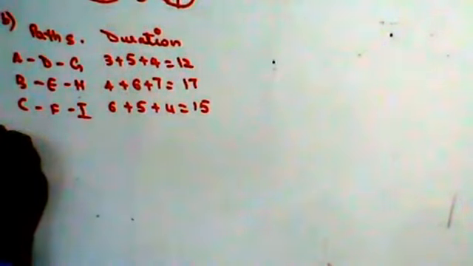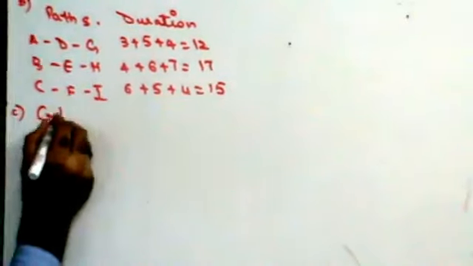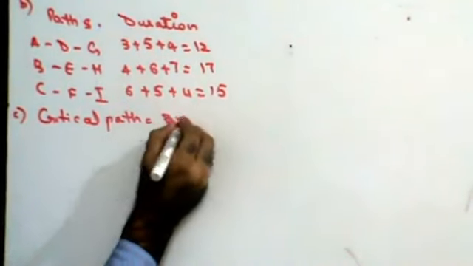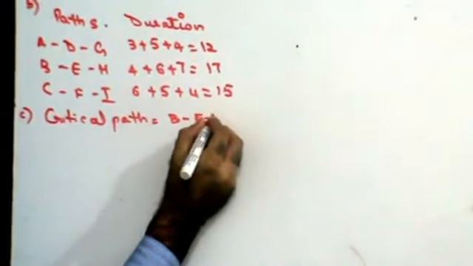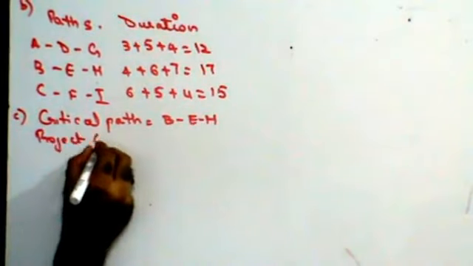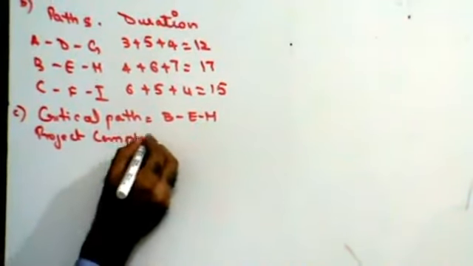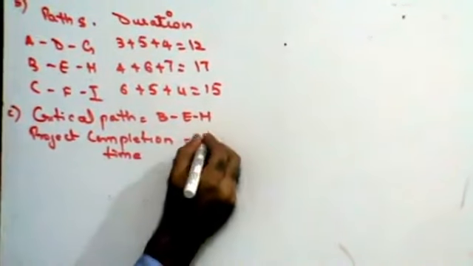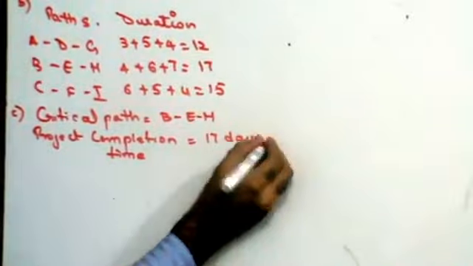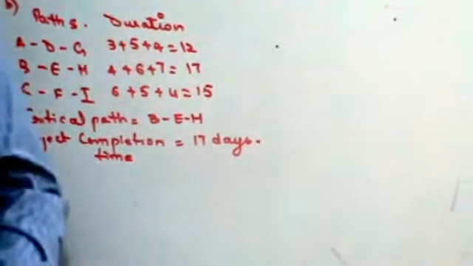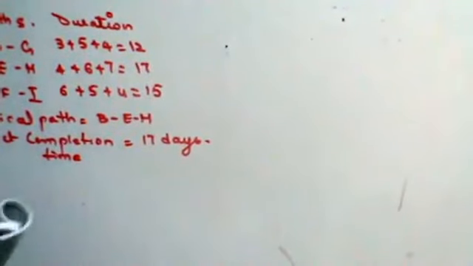Therefore, I can say that critical path is B, E and H, and project completion time is 17 days. Okay, now let's see how we do this. Project completion time is 17 days, right?